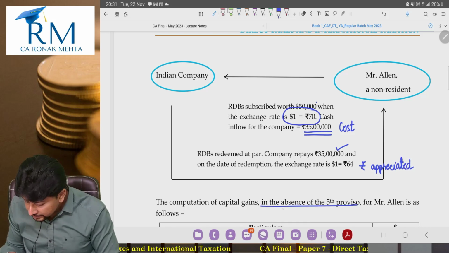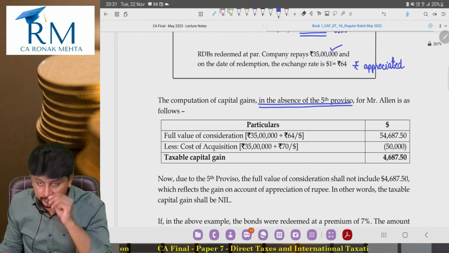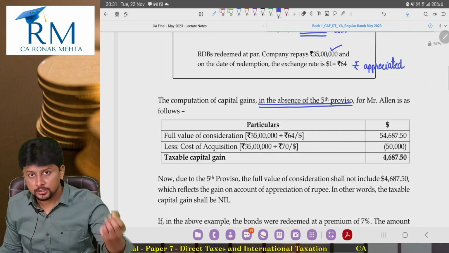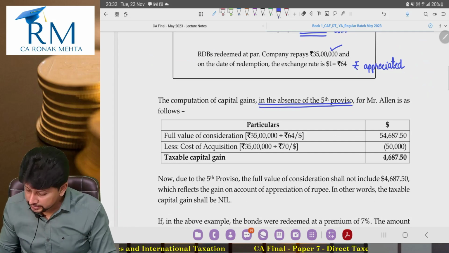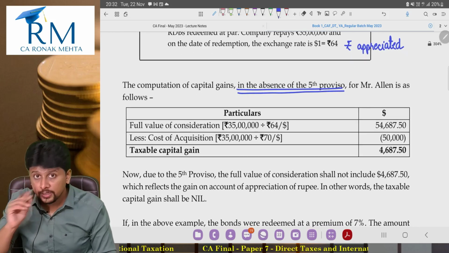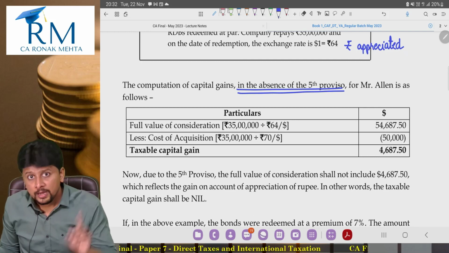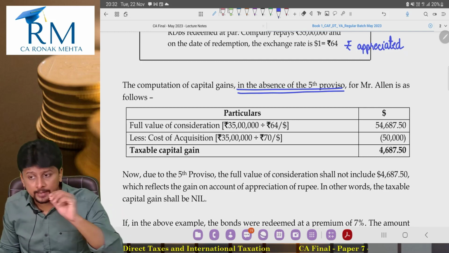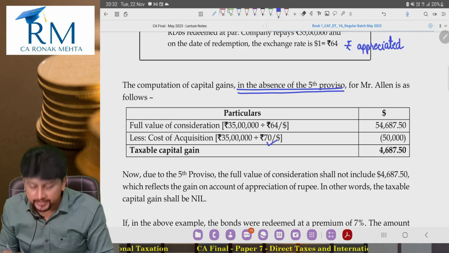If the fifth proviso was not there, in the absence of the fifth proviso, look at the way the calculation is done. 35 lakh rupees is what I receive on redemption. At the rate of 64, it becomes $54,687.50. When I brought this money into India, I brought $50,000, which was converted at the exchange rate of 70.